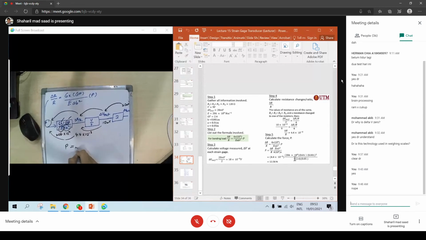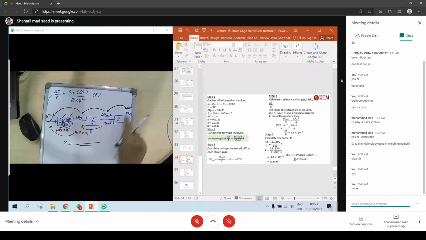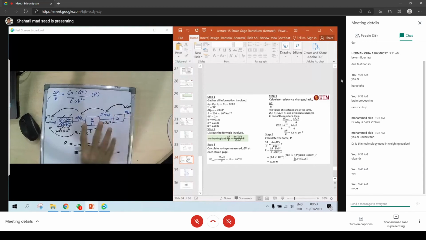So the more important thing is you need to understand the relationship between all of these. This one, bending load cell, you apply it to the Wheatstone bridge, and from the Wheatstone bridge you get the final one, which we call delta V full.